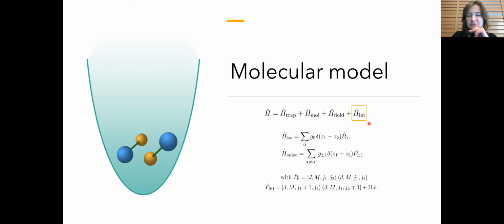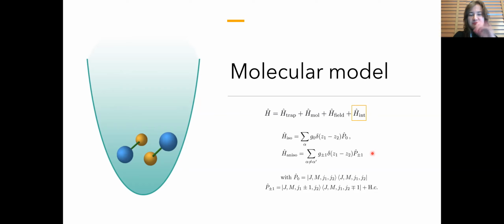Apart from this, this is the interaction part of the molecule. We want to describe how they interact with each other. So apart from the isotropic part, which is identical to the atomic case, we also have an anisotropic interaction, which will prove very crucial in the further results.